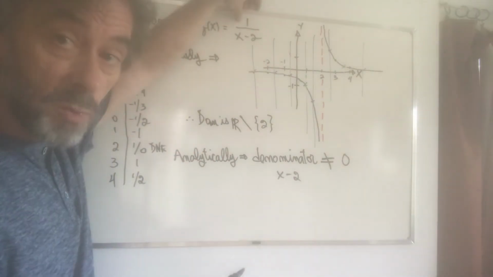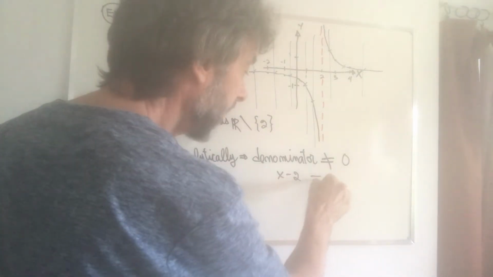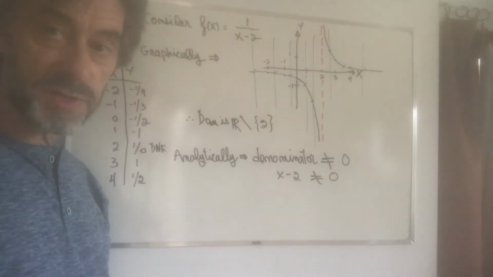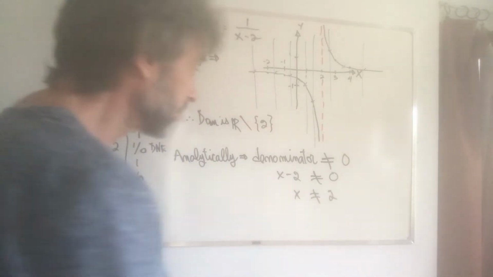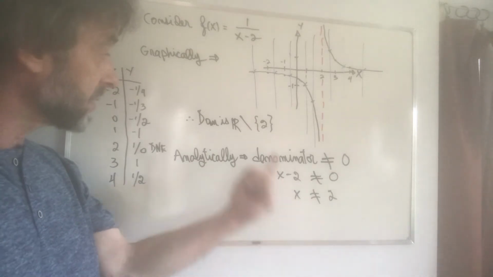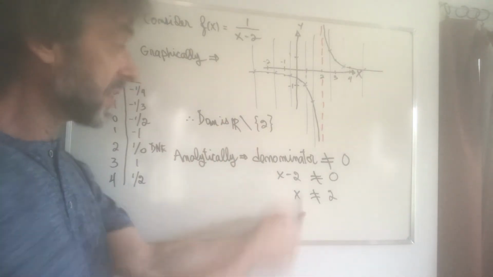The numerator is 1. The denominator is x minus 2. So x minus 2 cannot be 0. That means that x cannot be 2. And that's exactly the same thing as saying the domain of the function is everything but 2. Except that this is a million times faster, isn't it?